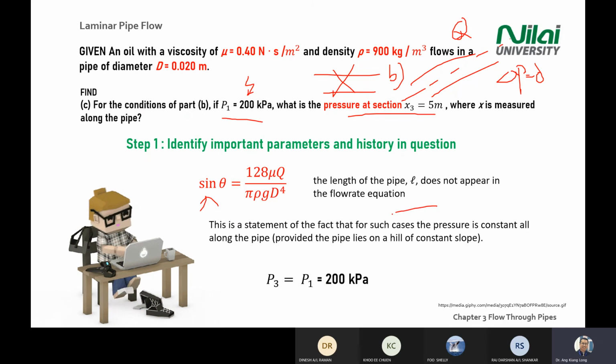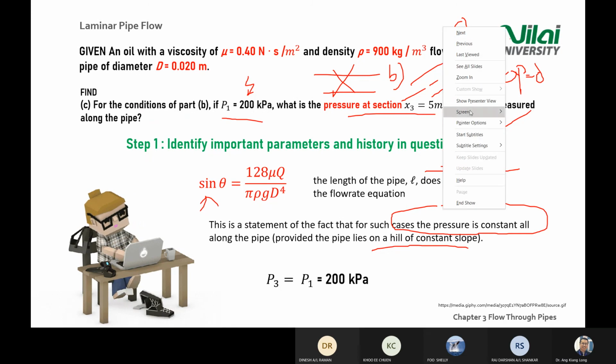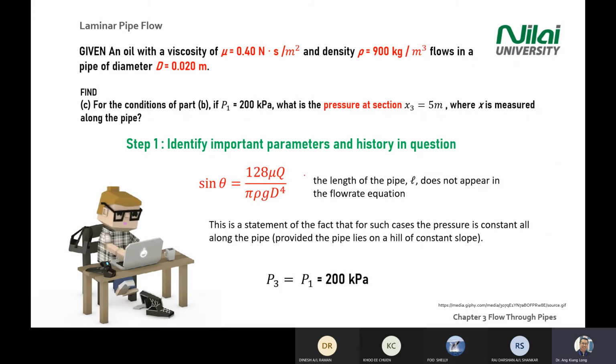Okay, the argument is pressure is constant along the pipe. Okay, and the slope of the hill is constant, meaning you have a constant upslope. Okay, theta.